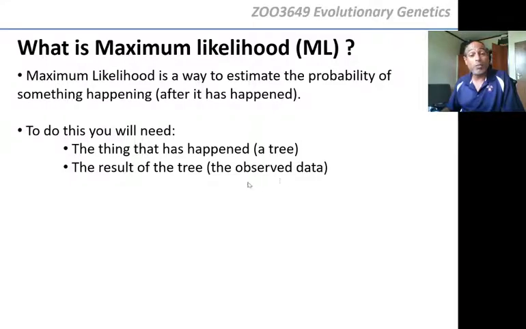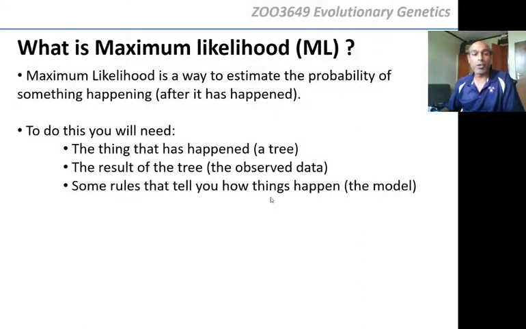The observed data is the result of the evolution happening, because we would not have the observed data if the evolution didn't happen. The thing that has happened is the evolution, so the tree, and the observed data are the results of that evolution. And then we need some rules to tell you how things happen in general.